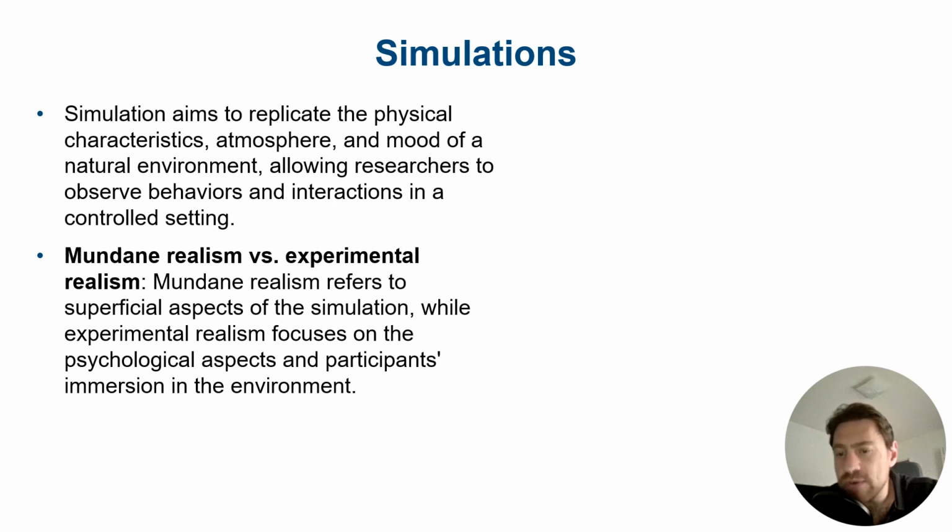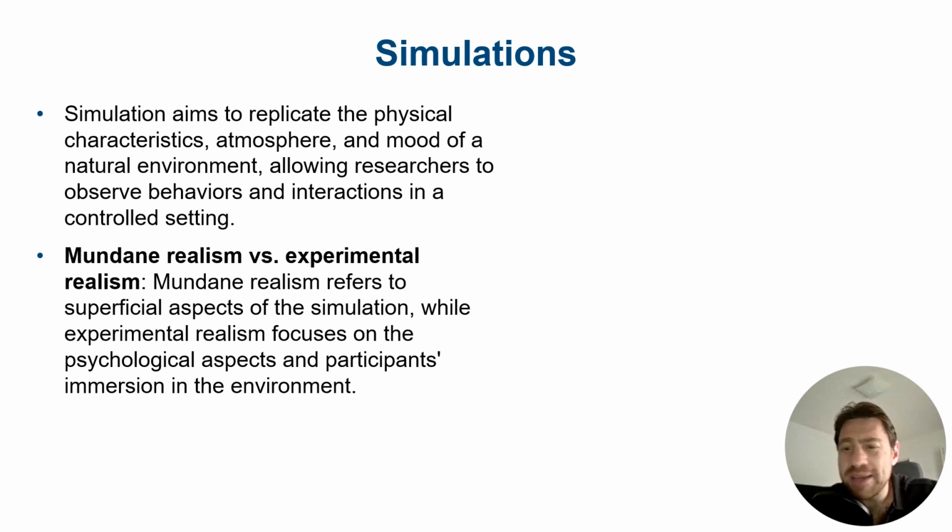And there are two kinds of realism. One is referred to as mundane realism, which refers to the superficial similarities between the lab and the environment that you wish to simulate.